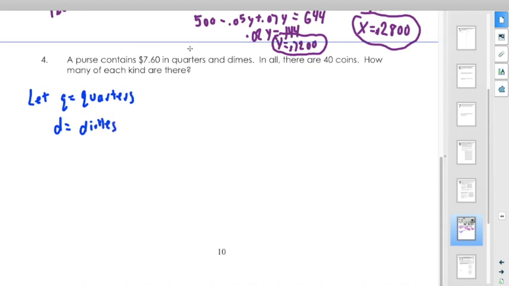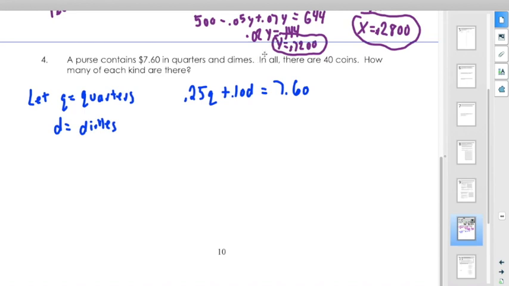We got to set up our system of equations. The purse contains $7.60 in quarters and dimes. Well, how much is a quarter worth? A quarter is worth 25 cents, 0.25. A dime is worth 0.10 times D. And together, it's $7.60.